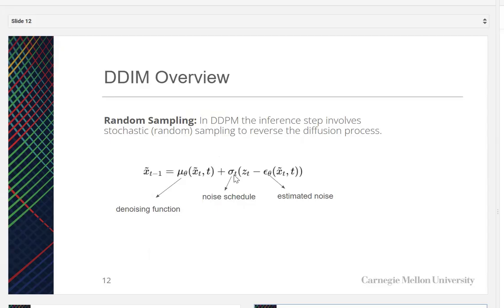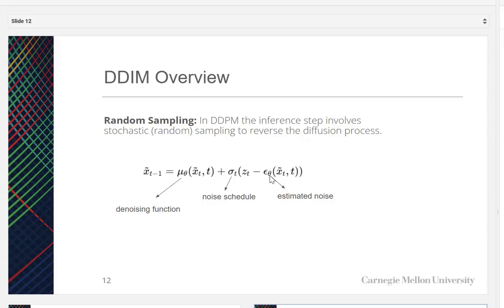And the noise schedule represents the standard deviation, or actually the noise level at time step t, as defined by the noise schedule of the diffusion model. And actually, it also determines how much noise was likely added at this step.